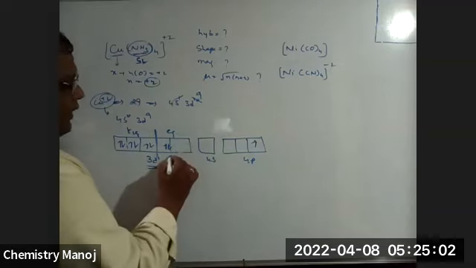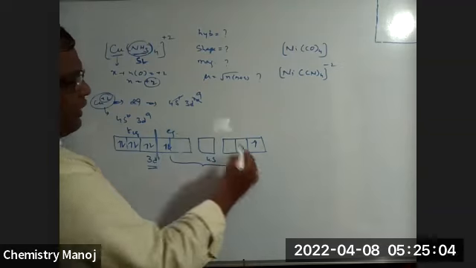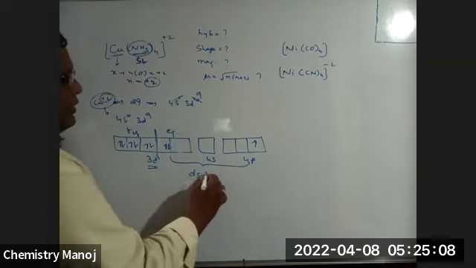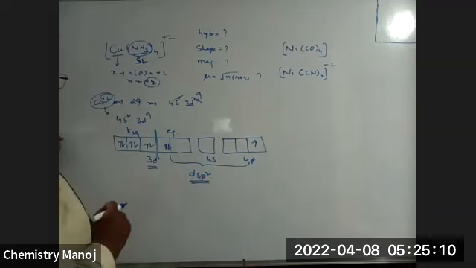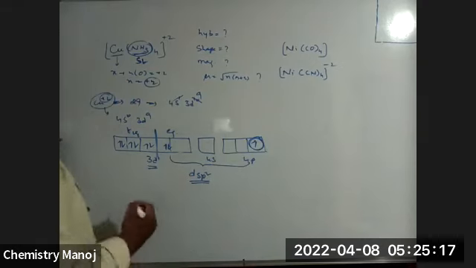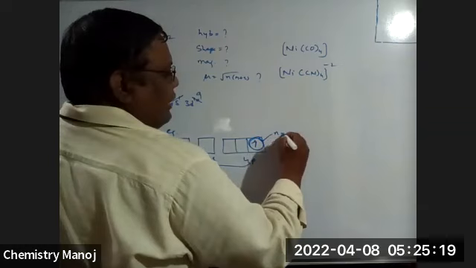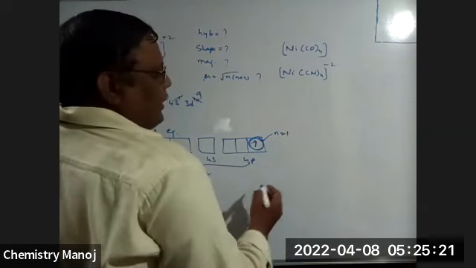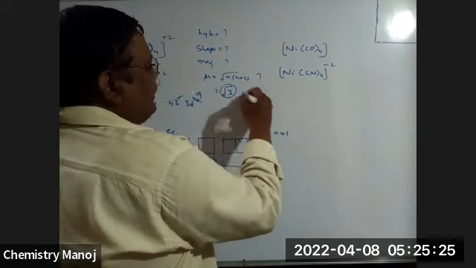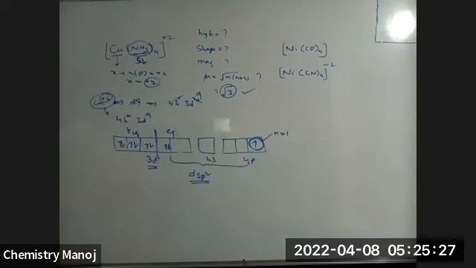Therefore, these 4 vacant orbitals are involved, because the coordination number is 4. dsp2 is the hybridization. How many unpaired electrons are there? One unpaired electron, therefore n is equal to 1, so root of n(n+2), root 3 is the answer for the first complex. Clear?